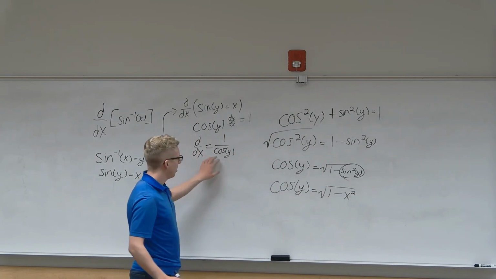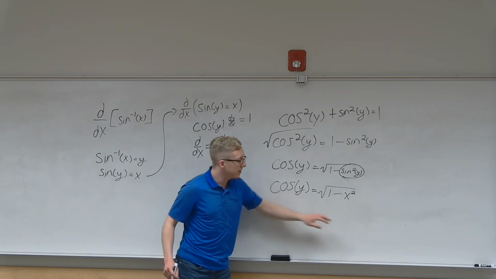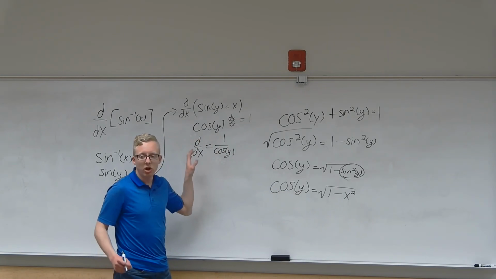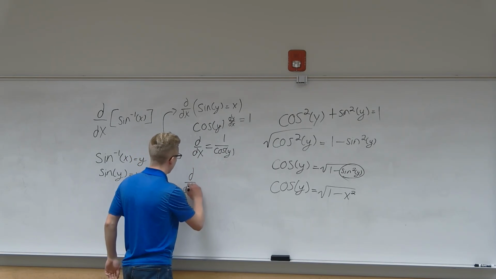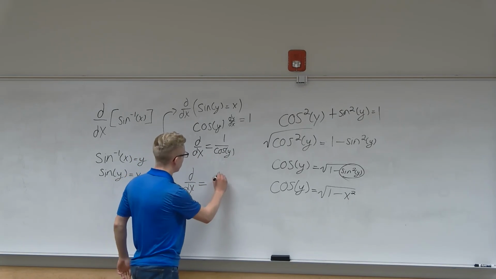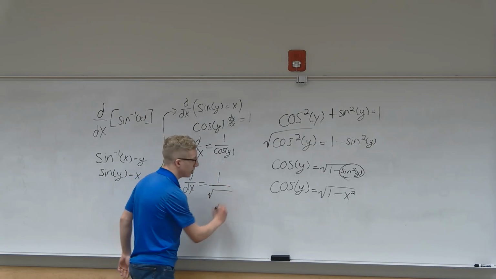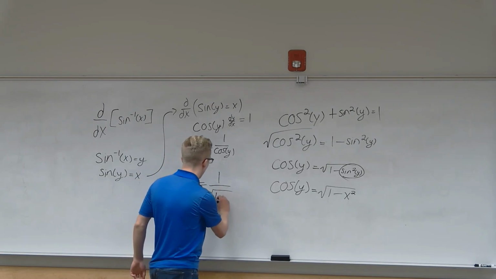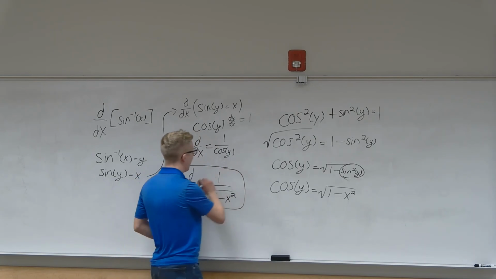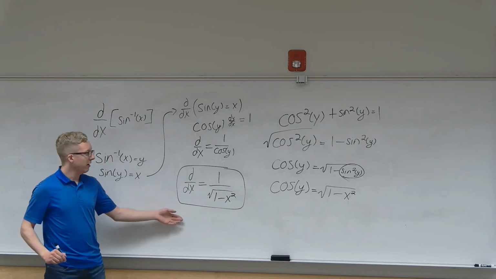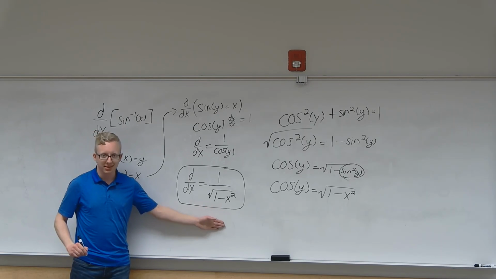And now that we have something in terms of x, we can plug that into our equation right here. So we've got dy/dx equals 1 over the square root of 1 minus x squared. And that, my friends, is the derivative of the inverse sine.